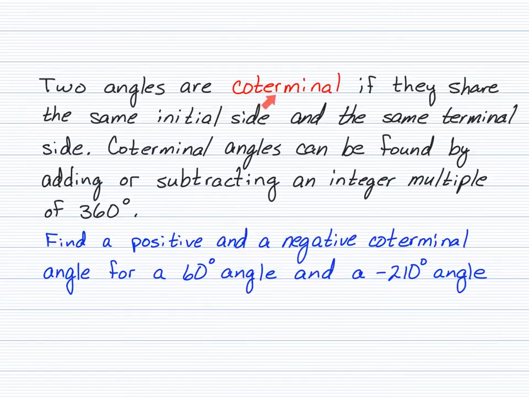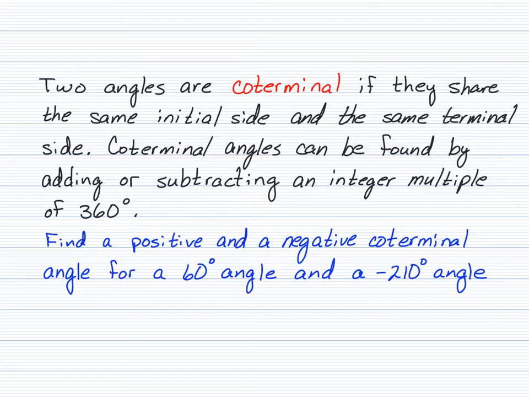Next definition is for coterminal angles. Two angles are coterminal if they have the same initial side and the same terminal side. And coterminal angles can be found by adding or subtracting an integer multiple of 360 degrees.